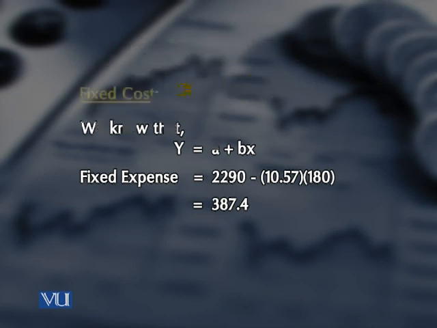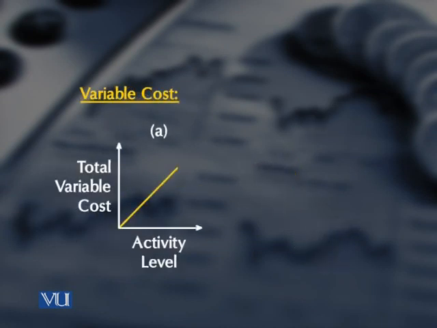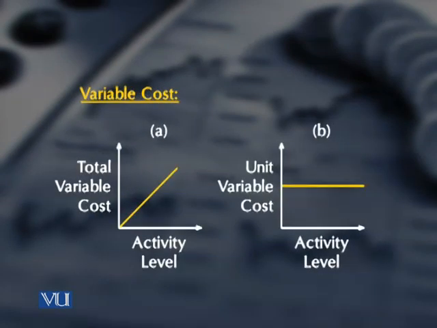Now, if you look at the graphs of fixed cost and variable cost, you will see total fixed costs remain the same, but as production increases, the fixed cost per unit decreases. As far as variable cost is concerned, it remains constant per unit, but if production increases, the total variable cost also increases.